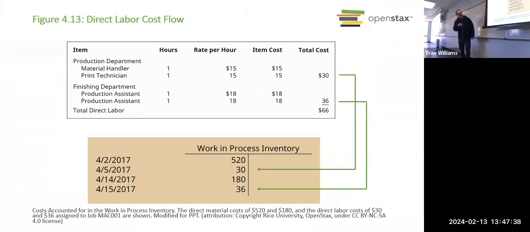So remember here, there were the original material costs and then some labor costs from the first department. Then there were some more material costs that they needed, those grommets and wood in the finishing department. And here's the labor related to the finishing department. And so you see how the costs just get added to that job until the job is done.